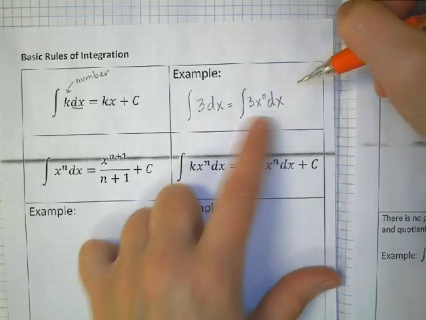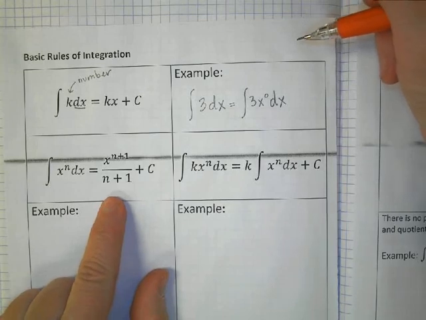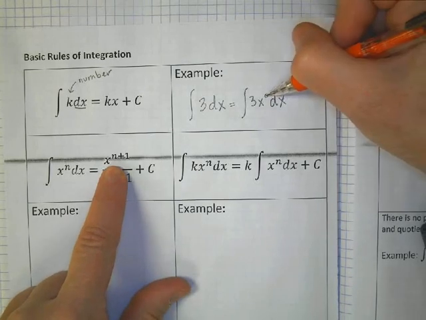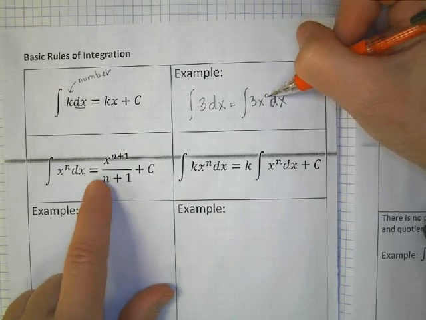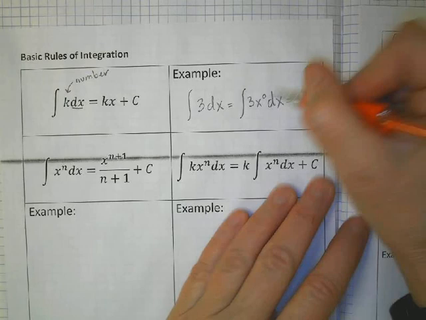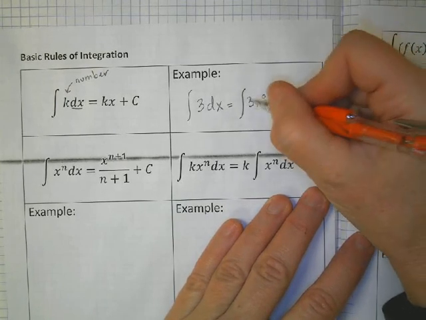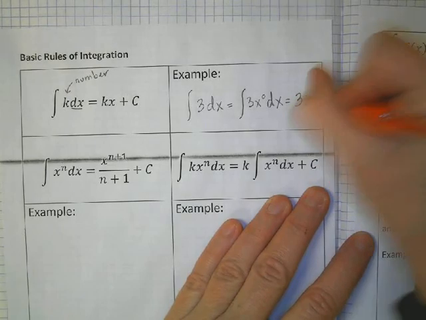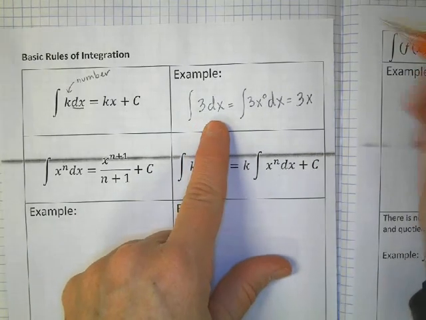Now we can just use our basic rule, which I have down here. Our basic rule says that we're going to add 1 to the exponent, so 0 plus 1 is 1. And then we're going to multiply that by 1 over that same exponent. When we end up doing this, we get x to the first power, and then 1 times 3 is 3. So notice what happened. If I have the integral of 3 dx, my answer is just 3x.